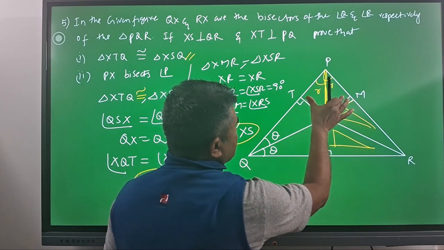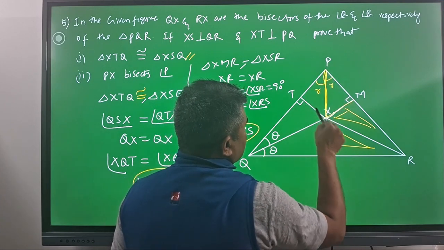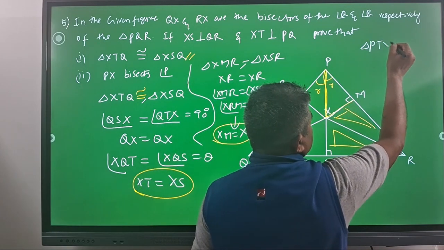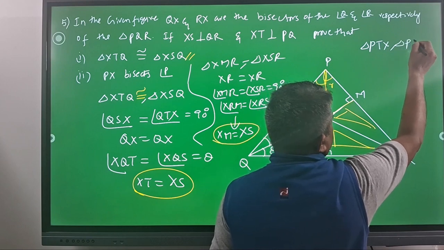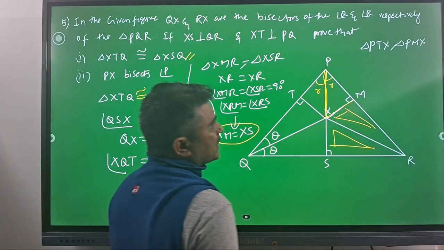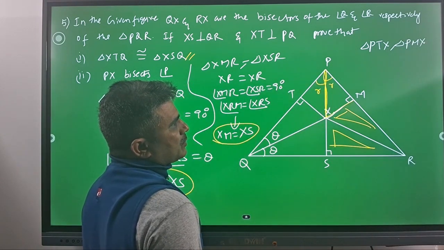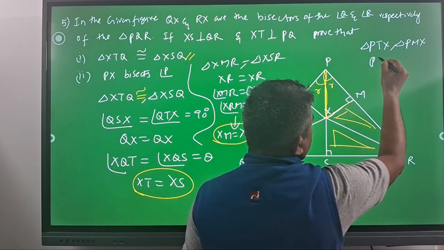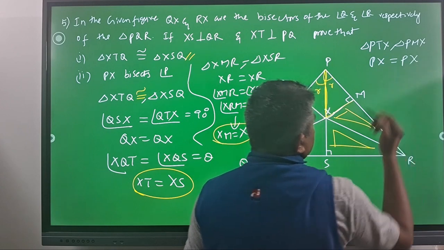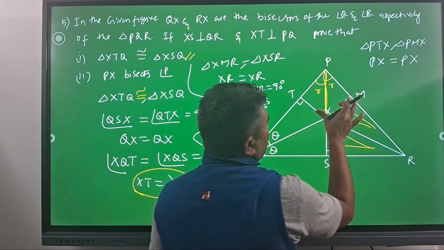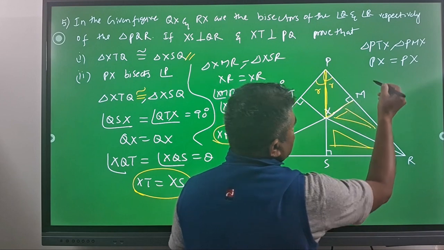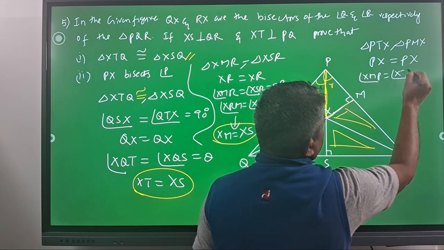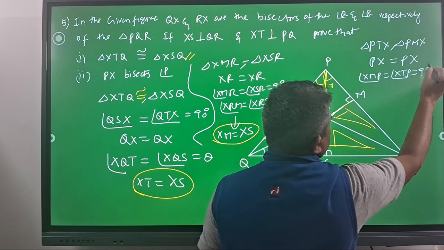So for that I am considering these two triangles, PTX and PMX. So triangle PTX and triangle PMX. Okay, so PTX and PMX we need to prove. If you see the triangles, PX is the common line for those two triangles, and we have a 90 degrees angle at T and M. So I am writing angle XMP is equal to angle XTP, which is 90 degrees.